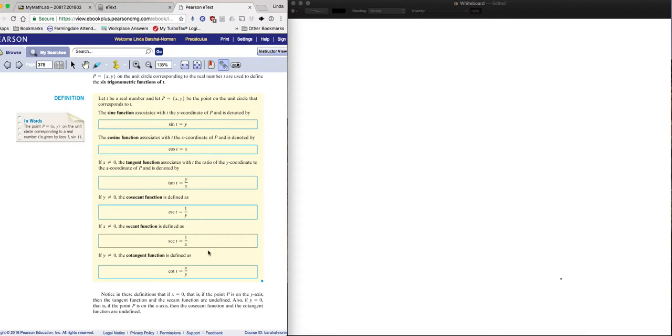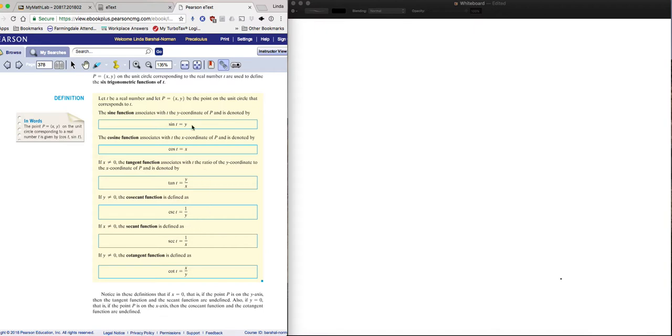All of the other trig functions are defined based on the relationship to x and y, sine and cosine. So tangent is y over x, cotangent is x over y, cosecant is 1 over y, secant is 1 over x. We can define all 6 trig functions in this manner.